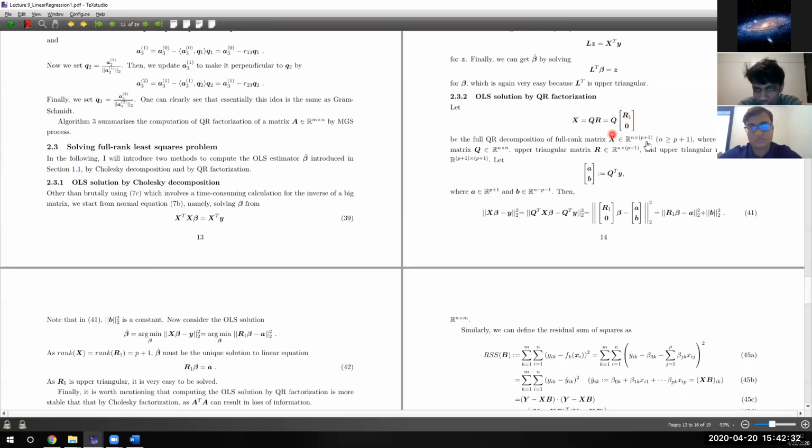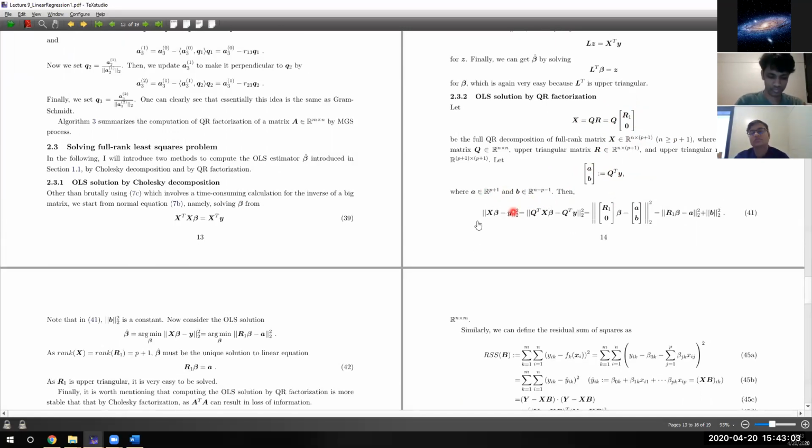And this is the full QR decomposition of X. Then, for notation convenience, I set Q^T Y equal to this, (A, B). Note that all these are constants. Suppose I already know Q. So what I'm going to have is that A is p plus 1 dimensional, and B is n minus p minus 1 dimensional.